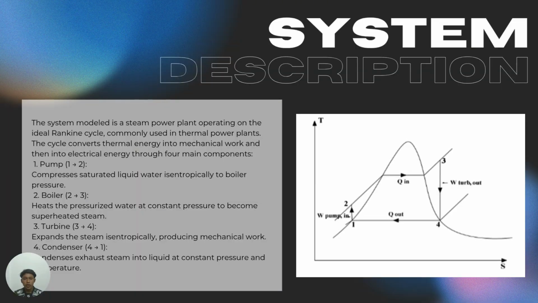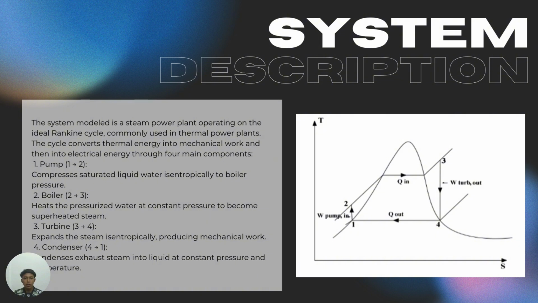Next is the system description. The system model is a steam power plant operating on the ideal Rankine cycle, commonly used in thermal power plants. The cycle converts thermal energy into mechanical work and then into electrical energy through four main components. First, the pump compresses saturated liquid water isentropically to boiler pressure. Second, the boiler heats the pressurized water at constant pressure until it becomes superheated steam.